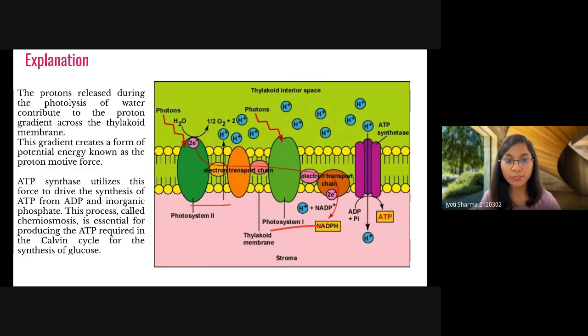In both photosystems we utilize sunlight, but at a particular wavelength. 700 nanometer wavelength of sunlight we are utilizing here, and 680 nanometer sunlight we are using there. So we are using different wavelengths of sunlight in photosystem 1 and 2. We have learned it, right?